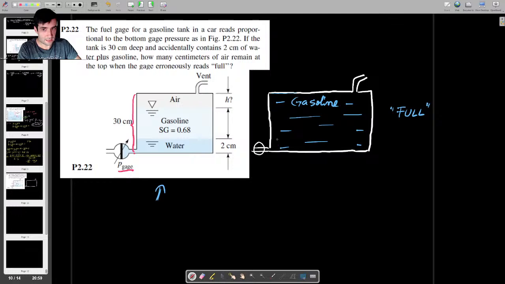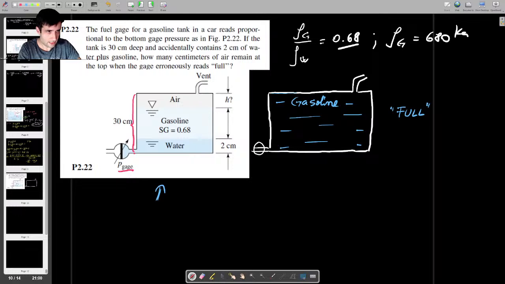and that water is more dense than gasoline. So how do we know that? Well, first of all, the question tells us that's the case. We know the density of the gasoline divided by the density of water is 0.68, so we're being told that the density of gasoline is 680 kg per meter cubed. Other than gasoline, we have 2 centimeters of water height.